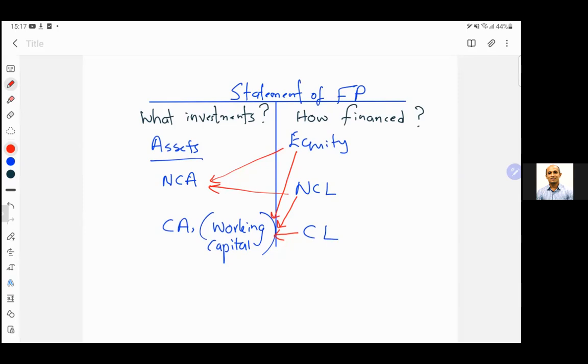So this is what you logically see from financial statements. This is very important when you are doing the analysis. You should have a logical view of the company's financial statements.